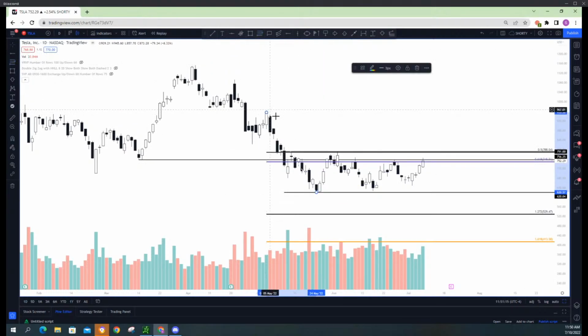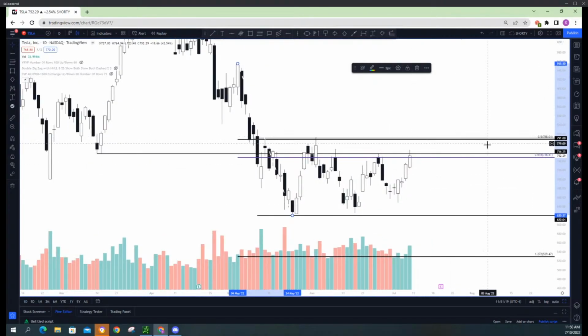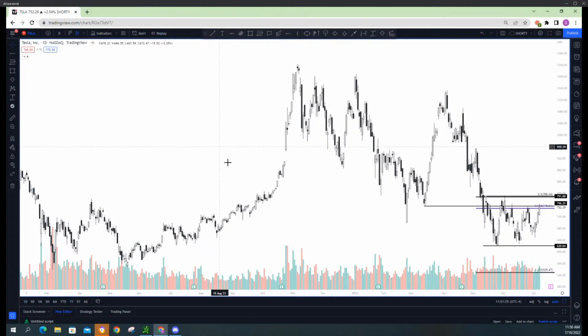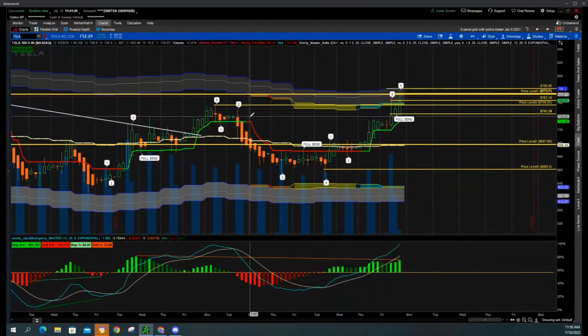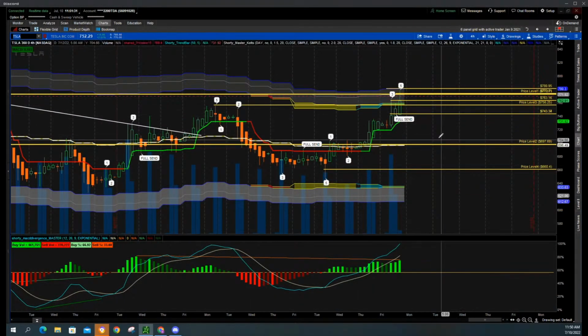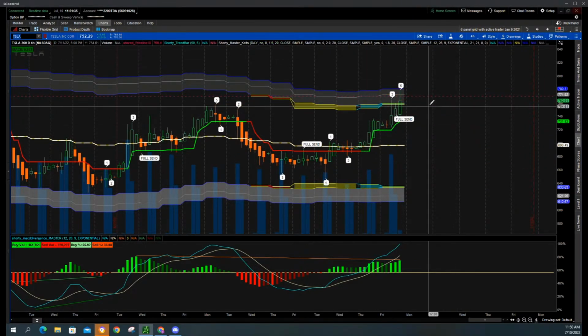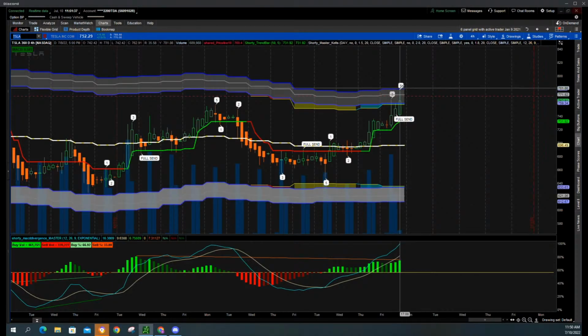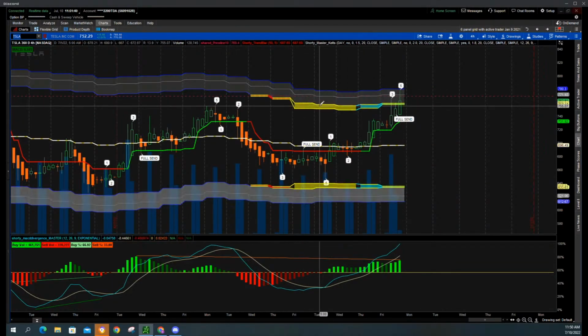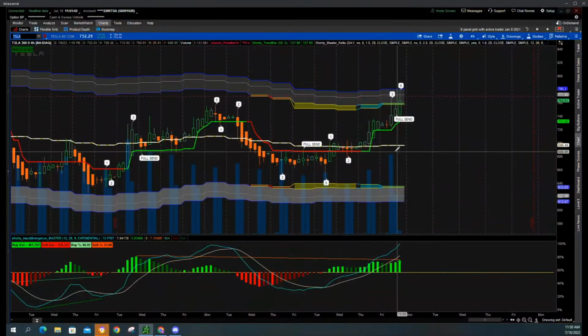I mean, it's got the same pattern as Amazon and Google. Yeah, I'll be looking short at 791, 800 levels. Let me show you here why. If you look at the clouds, this is my daily cloud here, and we're entering a short squeeze right here. It's shown right here by those little yellow lines.